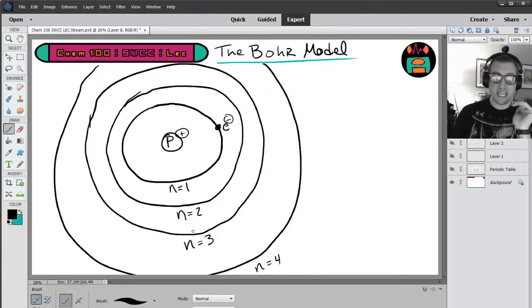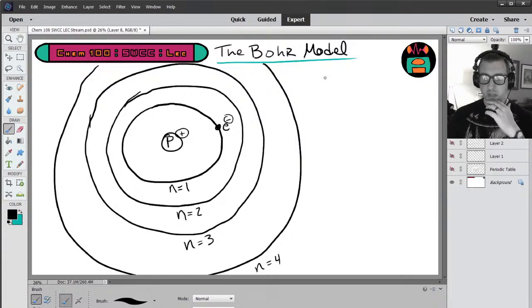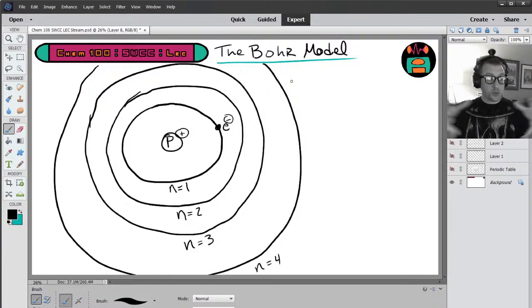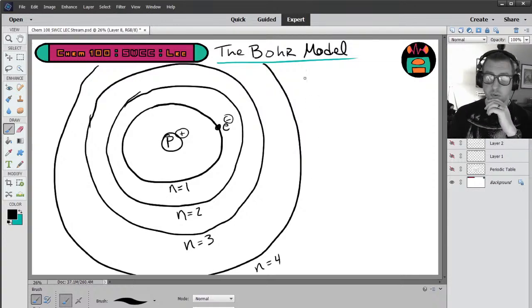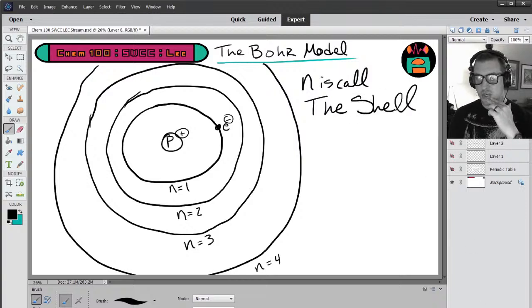The letter n is what we use to label the energy level of the electron, and the value for n tells you how close or how far the electron is from the nucleus. That number, n, is called the shell. It is called the electron's shell.